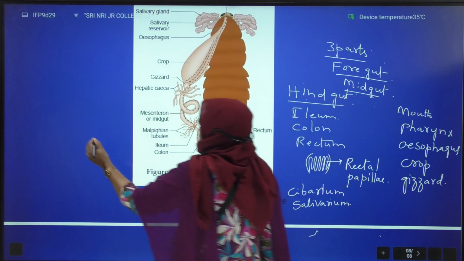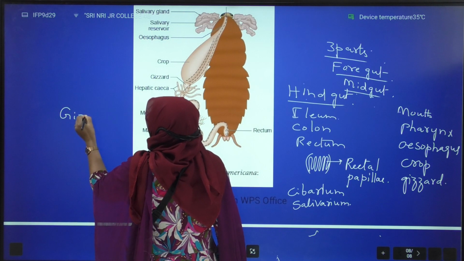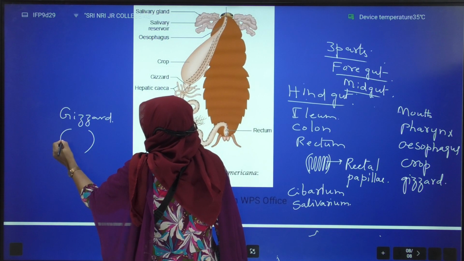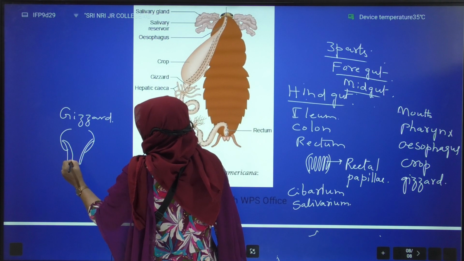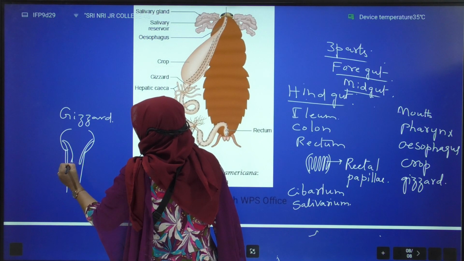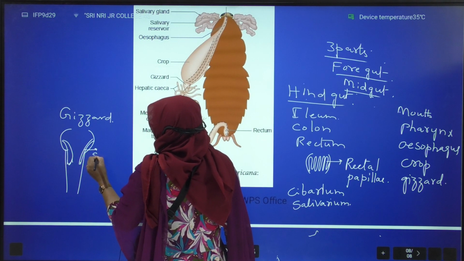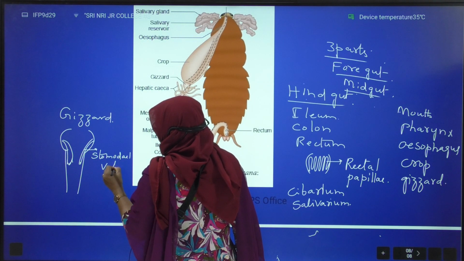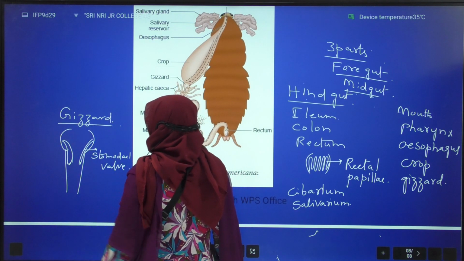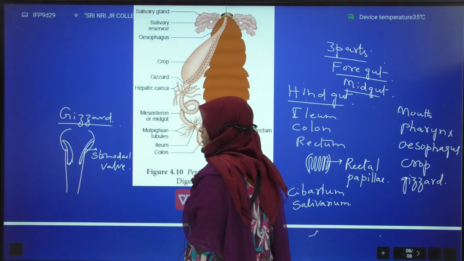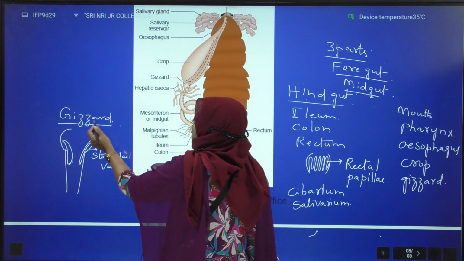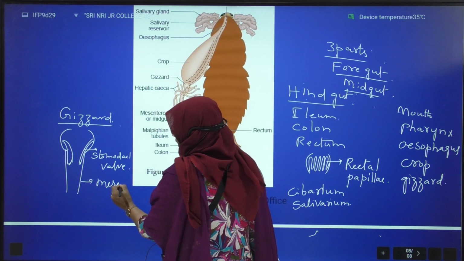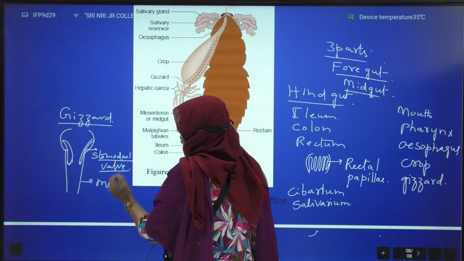Next, gizzard internally. From the gizzard, a funnel-like projection arises into the mesenteron. This funnel-like projection is called stomodial valve.